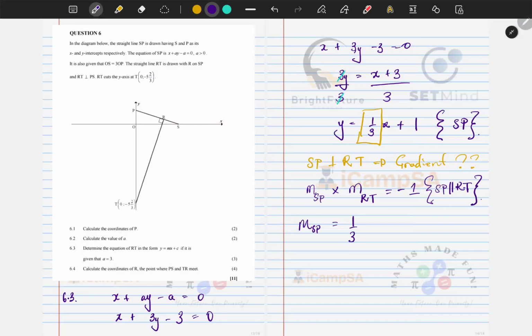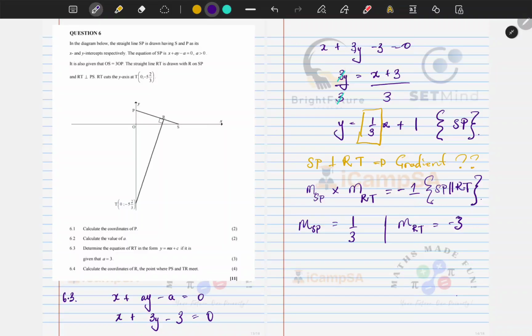So in order for us to get -1, it means that your M of RT, the gradient of RT, should be the inverse of this with a negative sign. So that means that your M of RT will be the inverse of 1/3, and the inverse of 1/3 is 3, so it's going to be -3.